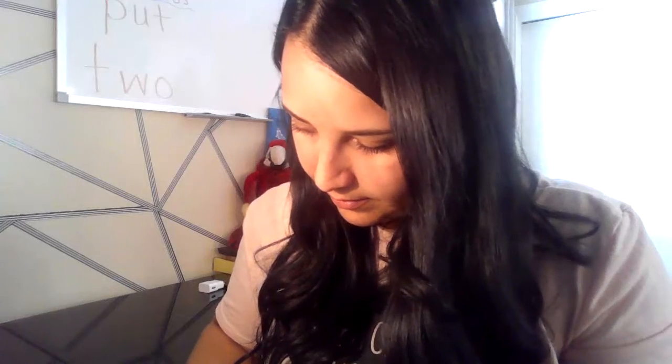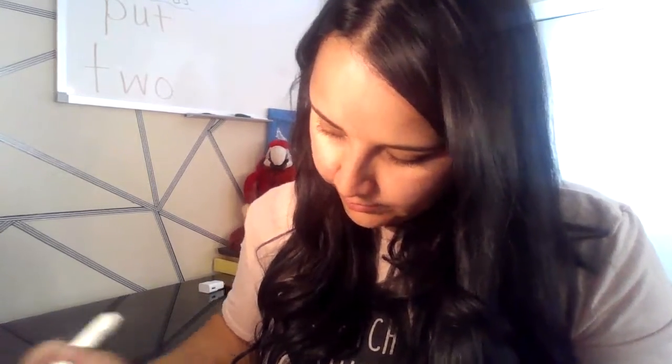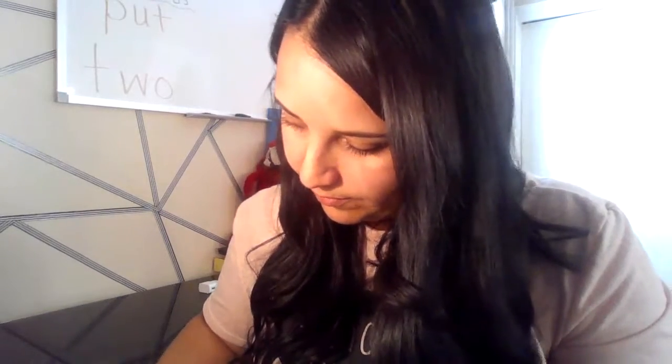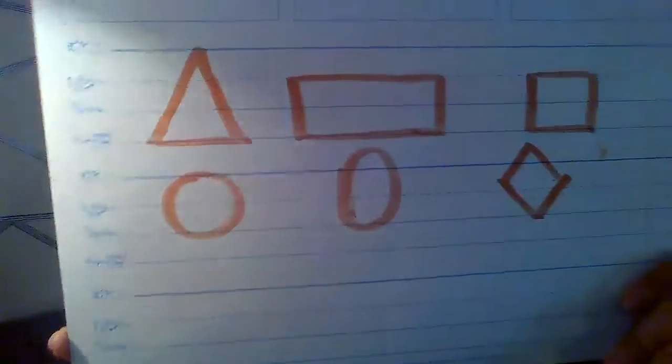Then we had a rectangle, a square, a circle, an oval, and the last one was a diamond, or the fancy word is rhombus. So these are the shapes we went over today.